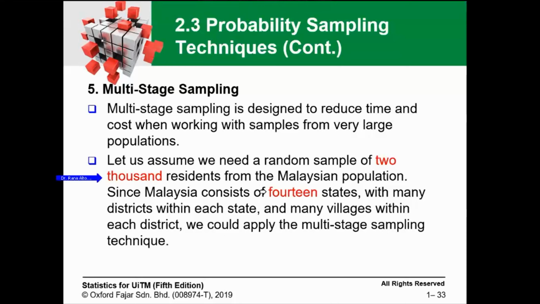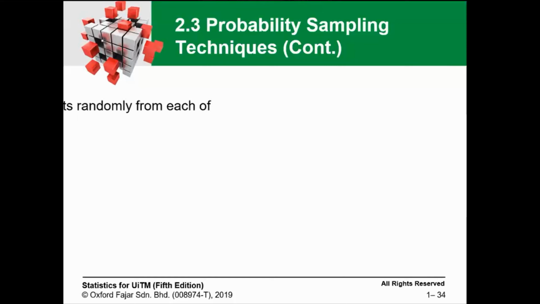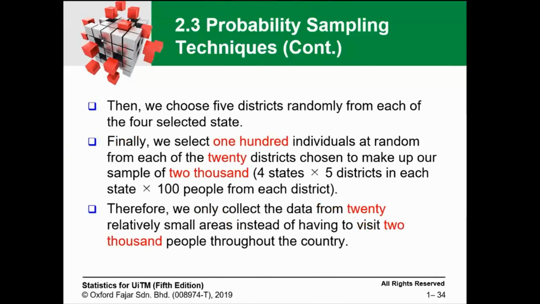Elements within each stratum should be homogeneous, whereas the difference between strata should be heterogeneous. So we apply the stratified sampling when our population is heterogeneous, and we should have the sampling frame.